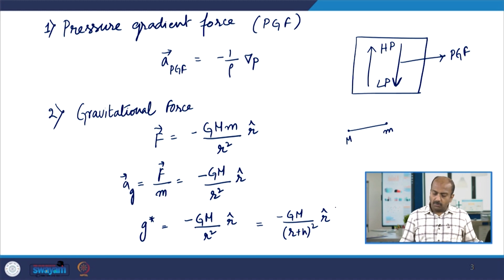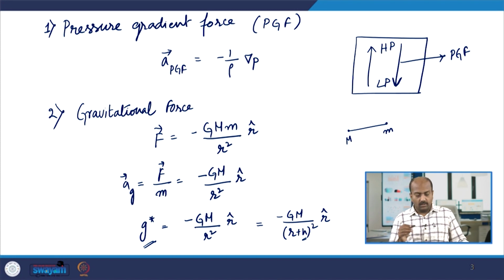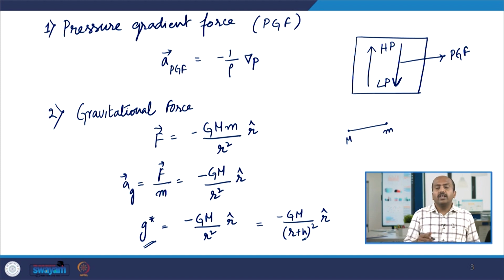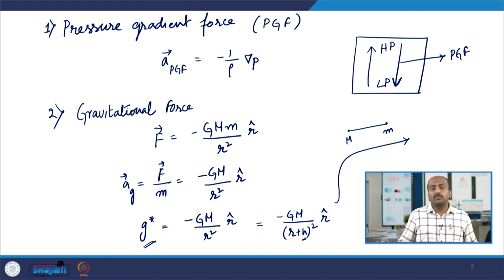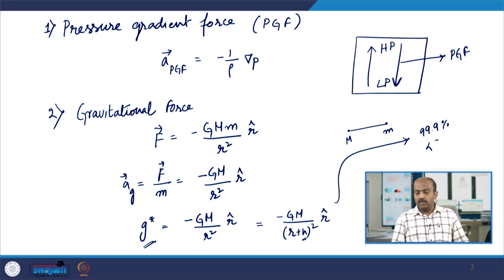Now, most importantly, you will have to see whether g star will vary much with respect to height or not. Every time you write the force, should you take g as 10 or 9.8, or should you also account for the variation of g with respect to height? We know very well from our understanding of the basic aspects of the Earth's atmosphere that 99.9% of the mass of the atmosphere is well within 50 kilometers from the surface.